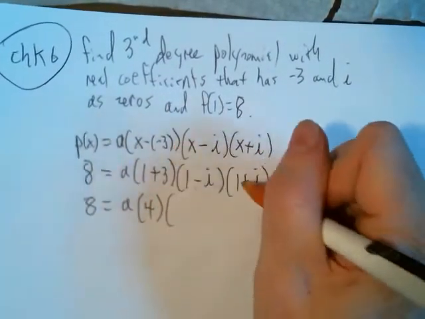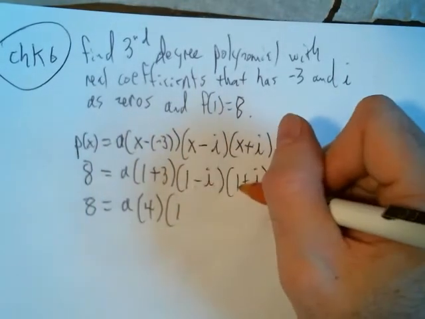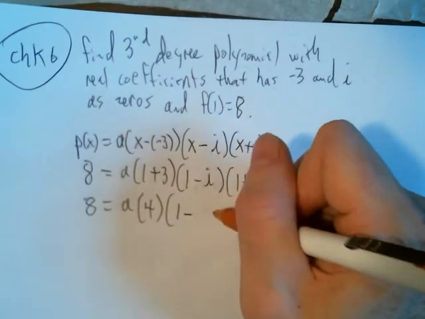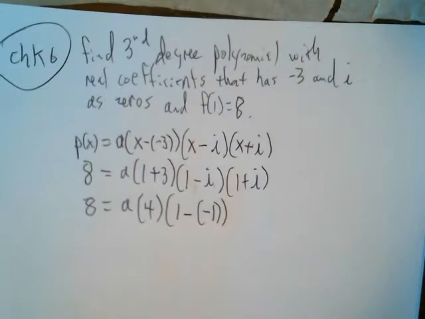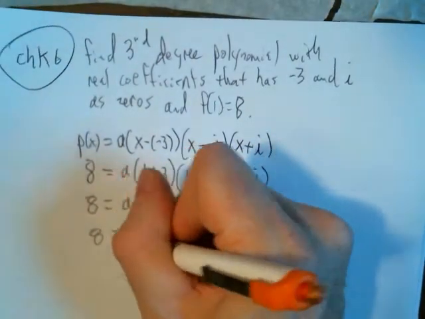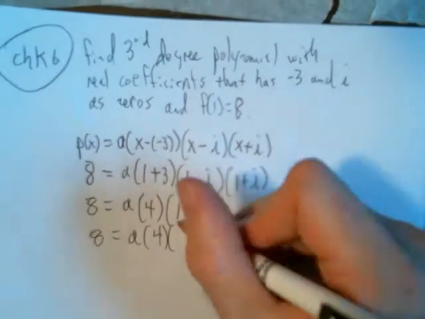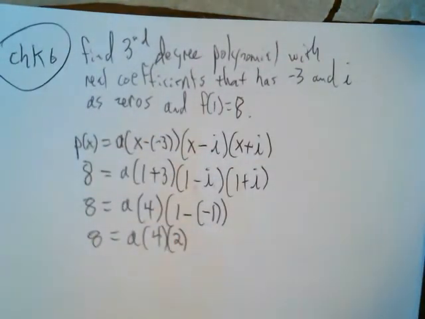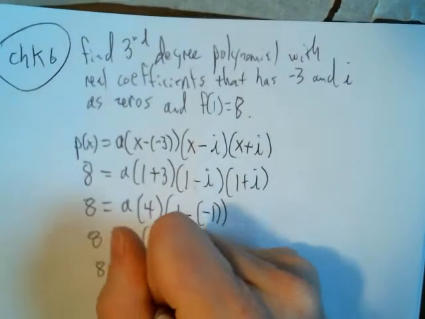And then, first 1 times 1, the outer i and the inner negative i cancel, and then last, minus i squared, where we can replace i squared with -1. So 8 is a times 4 times 1 minus -1, which is 1 plus 1, that's 2. Okay, so we get 8 equals 8a, and then of course a is just equal to 1.